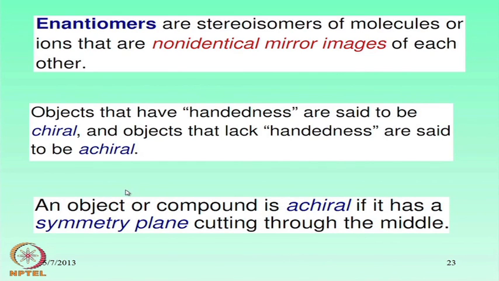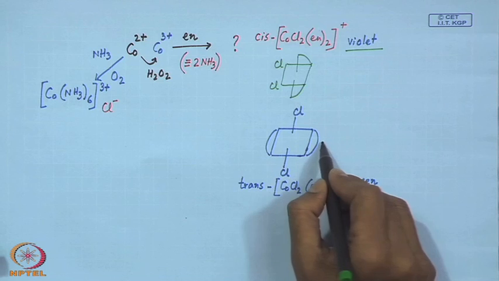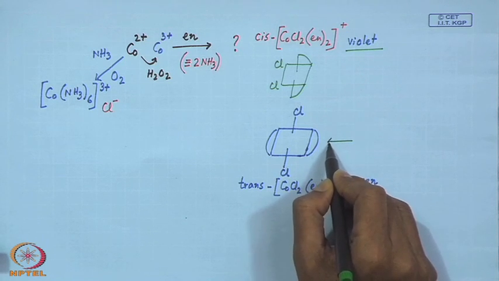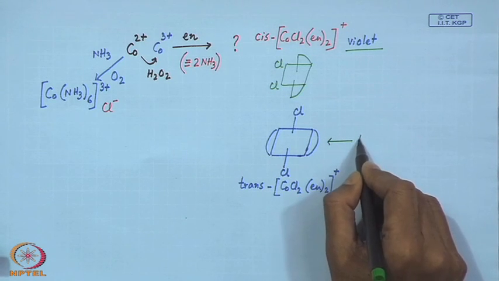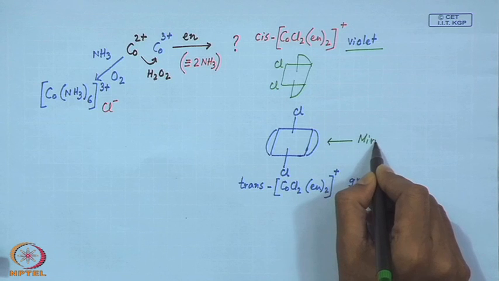An object or compound would be achiral if it has a symmetry plane cutting through the middle. So, in this trans molecule, we can consider this plane as its mirror plane.